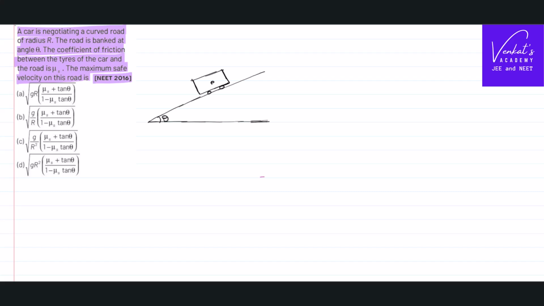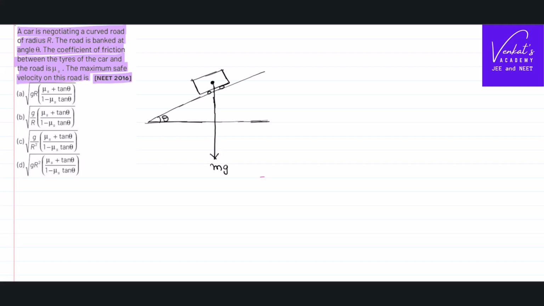This car will definitely have some mass. Obviously, its weight always acts vertically downward, mg. Now, it is moving in a circular path of a certain radius.